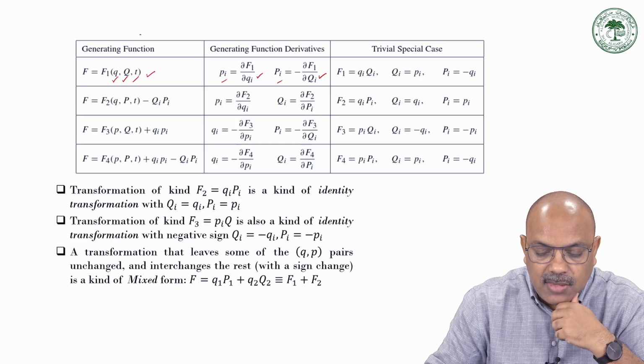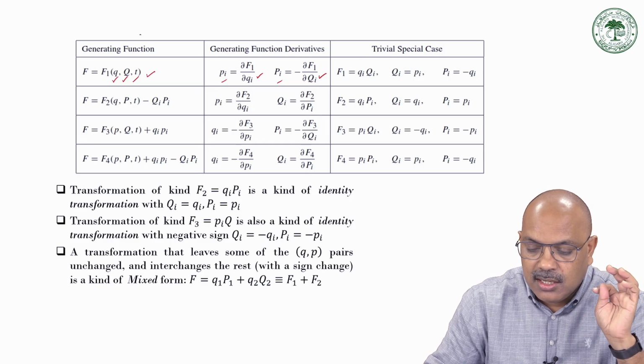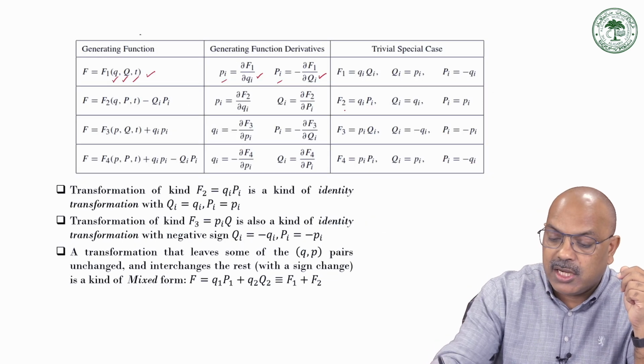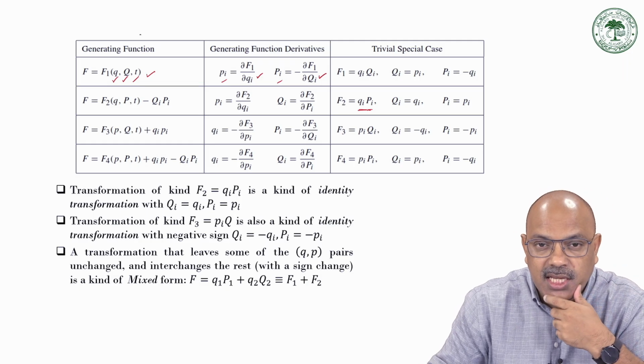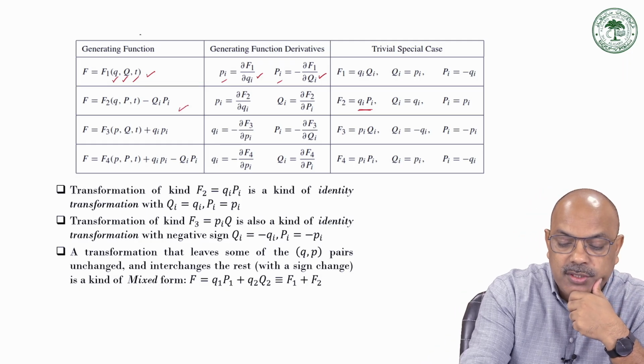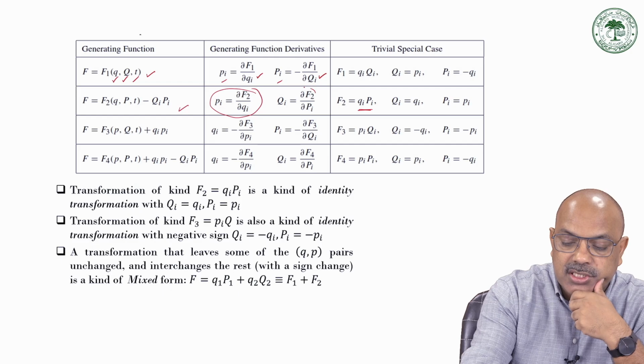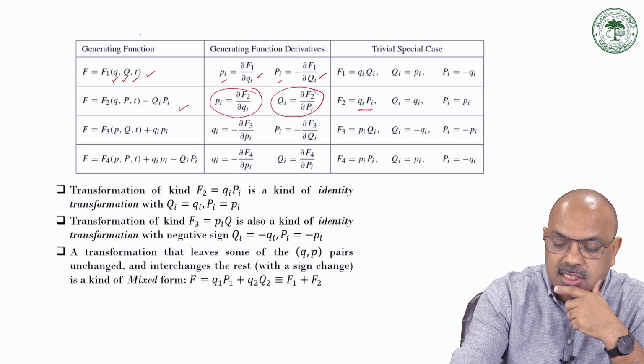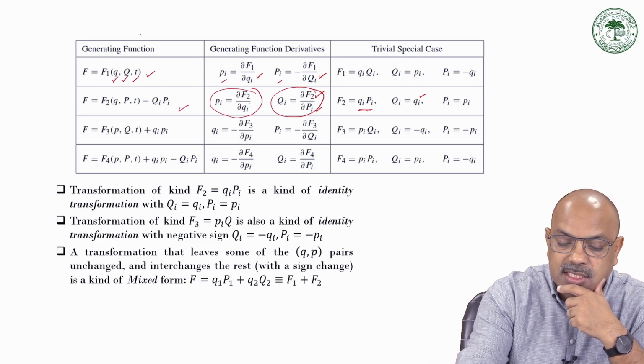We had discussed this till now. For example, if f2 is the generating function qi Pi, then corresponding to f2 we have the derivative pi. If you calculate the derivative of f2 with respect to capital Pi, this becomes qi, and the second derivative becomes pi.